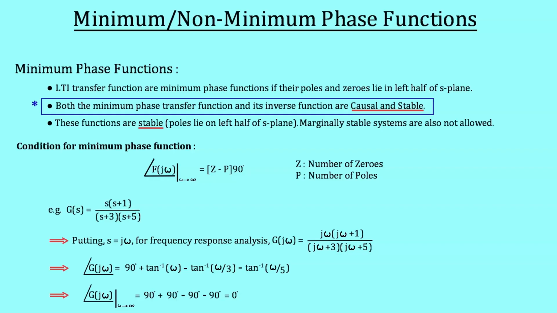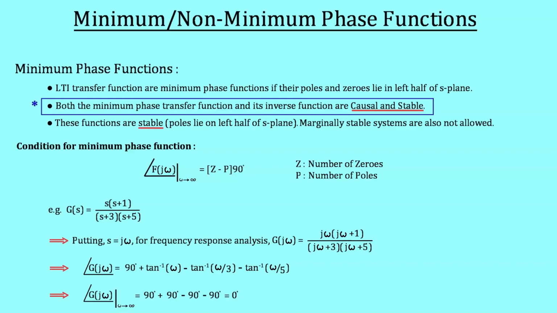I have taken a random function which is equal to s multiplied by (s plus 1) divided by (s plus 3) into (s plus 5). For the frequency response, its equivalent can easily be found, and after that you will get the phase of the transfer function to be equal to 90 degrees plus tan inverse of omega, minus tan inverse of omega divided by 3, minus tan inverse of omega divided by 5.